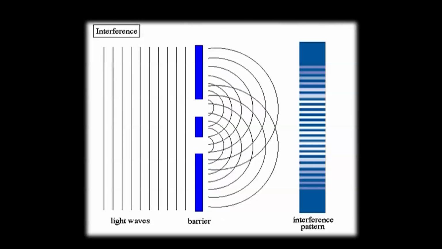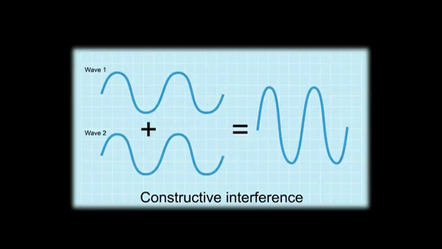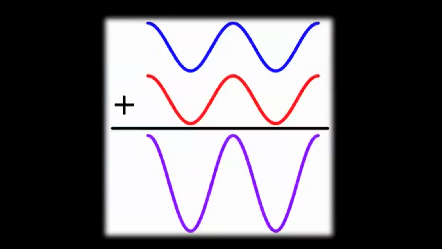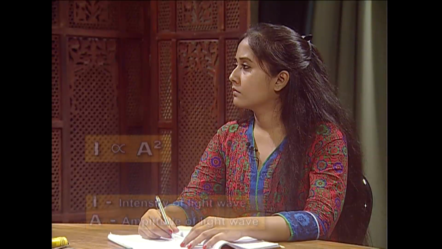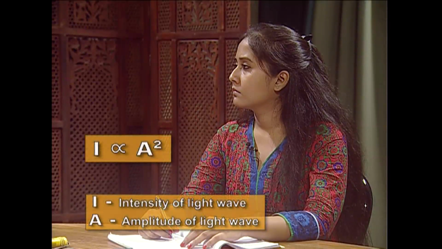If both waves are in phase, that is, both interacting waves have their crest and trough matching, this interference will give rise to an increase in the intensity of light, because we know that I is proportional to the square of amplitude.